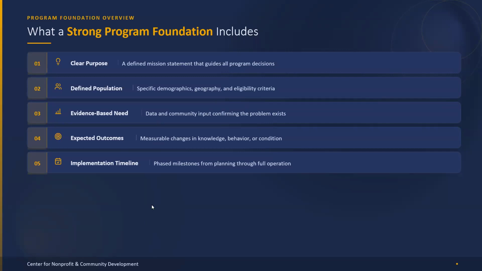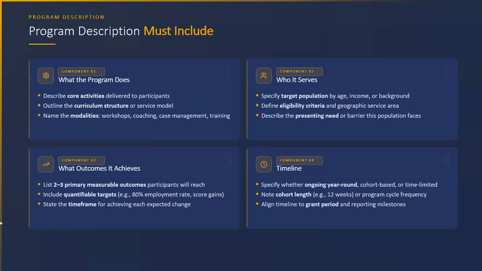Okay, let's continue on. So, when we talk about writing the description, what does it include? First, we have to talk about what the program does. You have to describe the core activities delivered to participants. Outline the curriculum structure or service model.